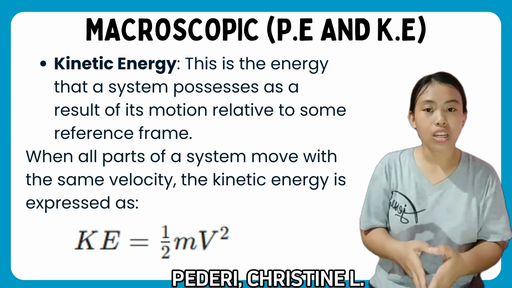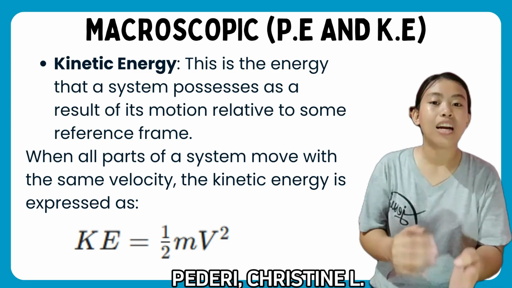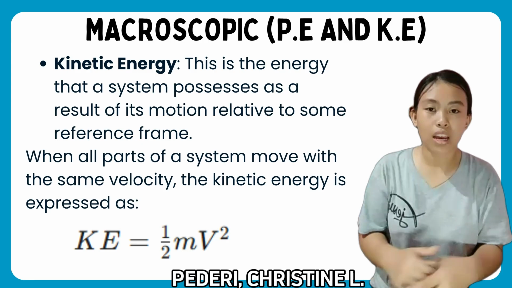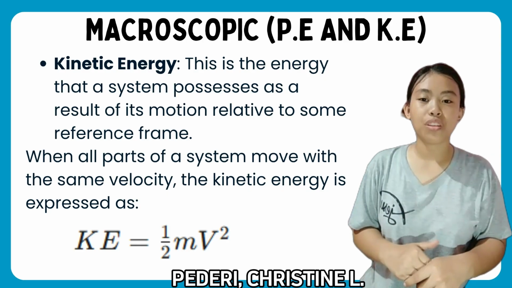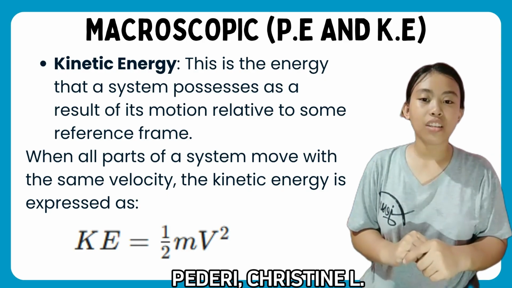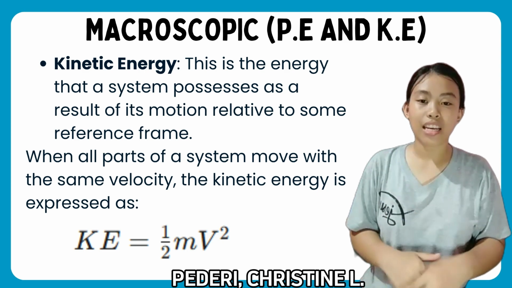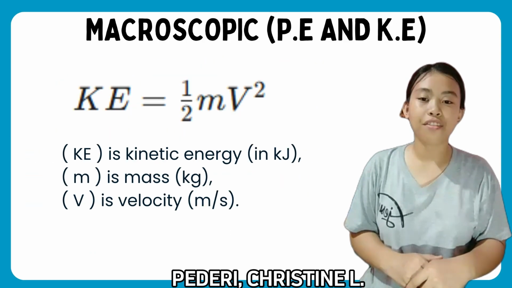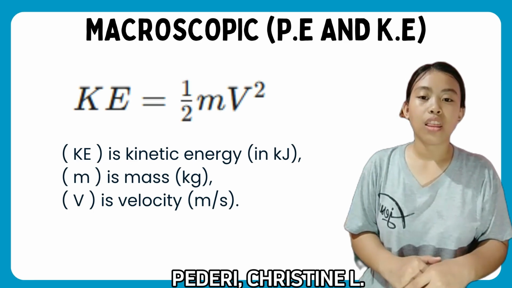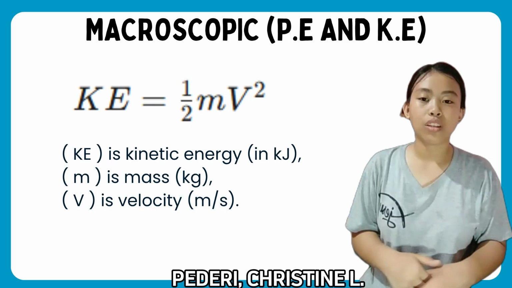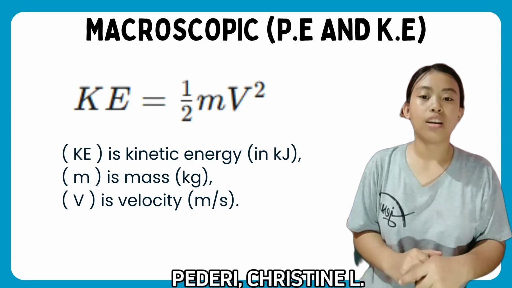The kinetic energy is the energy that a system possesses as a result of its motion relative to some reference frame. When all parts of a system move with the same velocity, the kinetic energy is expressed as KE equals 1/2 multiplied by mass multiplied by velocity squared. KE stands for the kinetic energy in kilojoules.